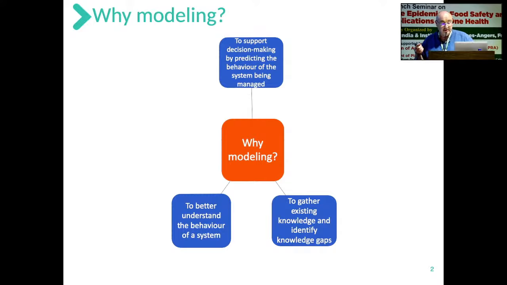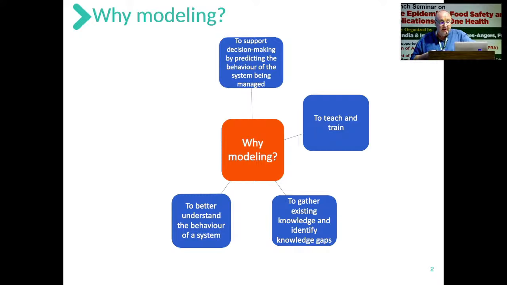Then another important use of a model is to support decision making, to predict the behavior of a system under a given management. So for instance, if you want to know when to apply a fungicide, it's important to have a model to know that it's now that the disease is really increasing very fast and you should apply your fungicide.